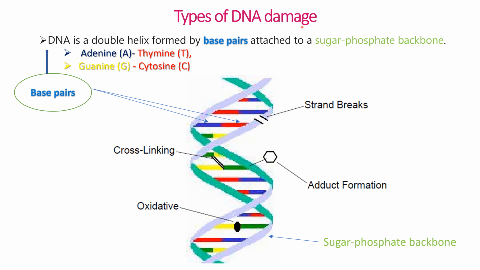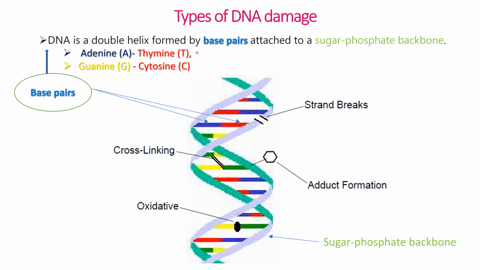Types of DNA damage. DNA is a double helix formed by base pairs attached to a sugar phosphate backbone. DNA may be damaged by cross-linking, oxidation, adduct formation, and strand breaks.